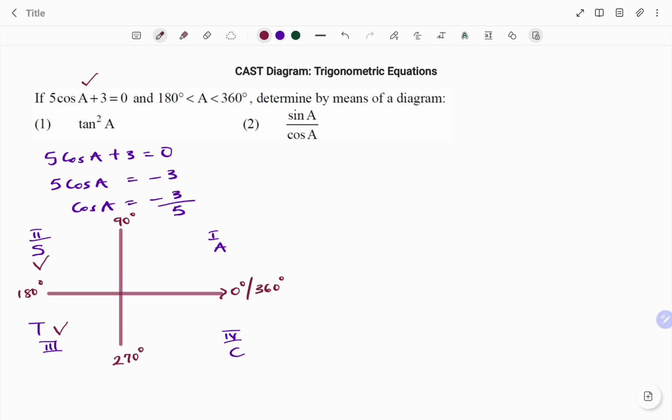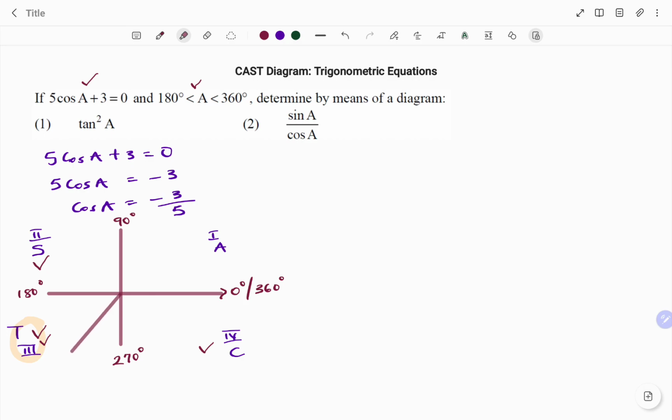So therefore, if A is greater than 180, then that will fall in the third and the fourth quadrants. Now, because we need to fulfill both conditions, the next step is to pick the quadrant that fulfills the two conditions given, and that will be the third quadrant. So our terminal arm is going to fall in the third quadrant. That's where we're going to find angle A.